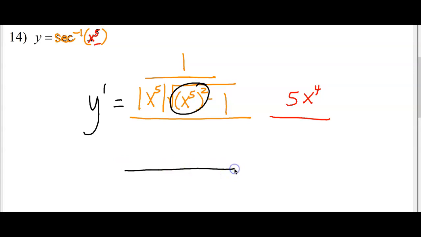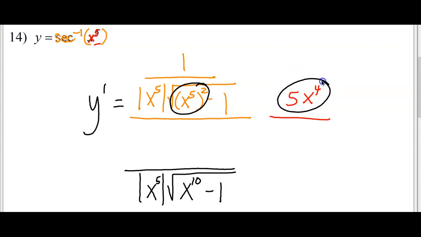So the bottom now is going to look like this. The absolute value bars are staying. And now this is going to become x to the 10th power because we do the multiplication of the powers there. And this guy over here, you can think of that as over 1. So top times top, bottom times bottom. That's basically just going to end up putting that thing up there. Okay? And so that would be this most simplified version of the answer.